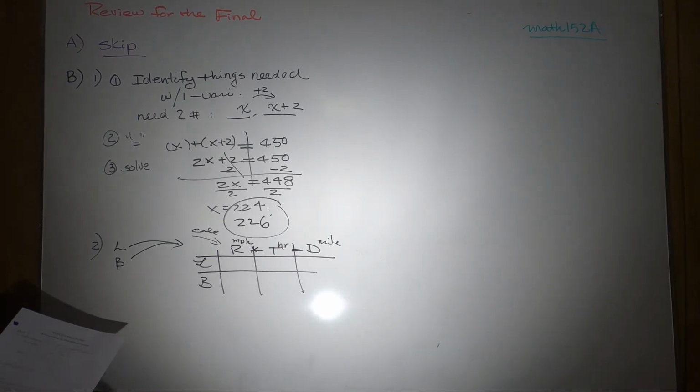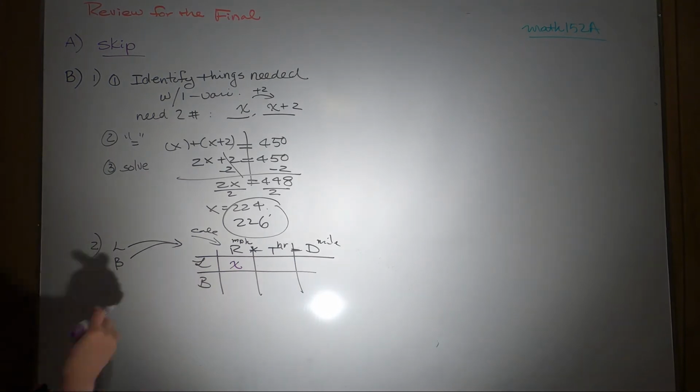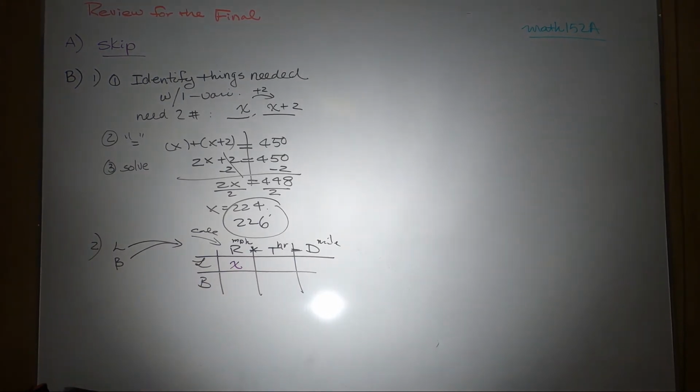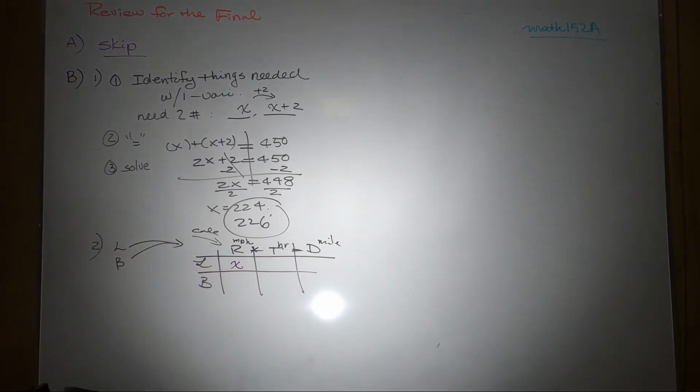Then what was the question? How fast does each of them drive? So for the things we don't know, we use what? We say x, right? If Lowenda is driving x miles per hour, then which one is faster by driving 15 miles per hour faster than Betty?